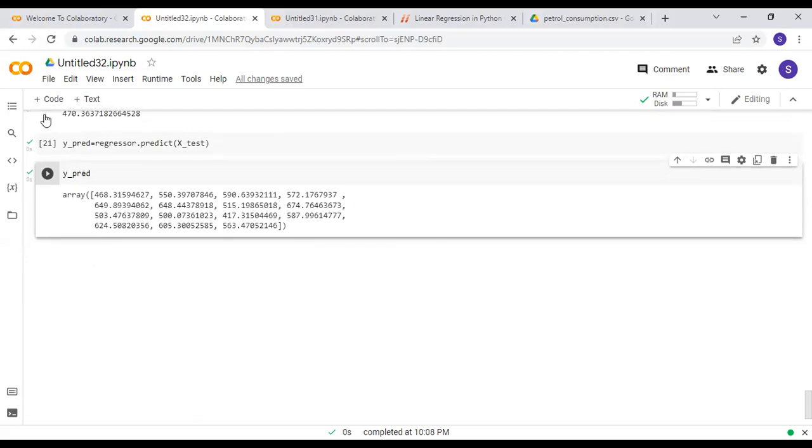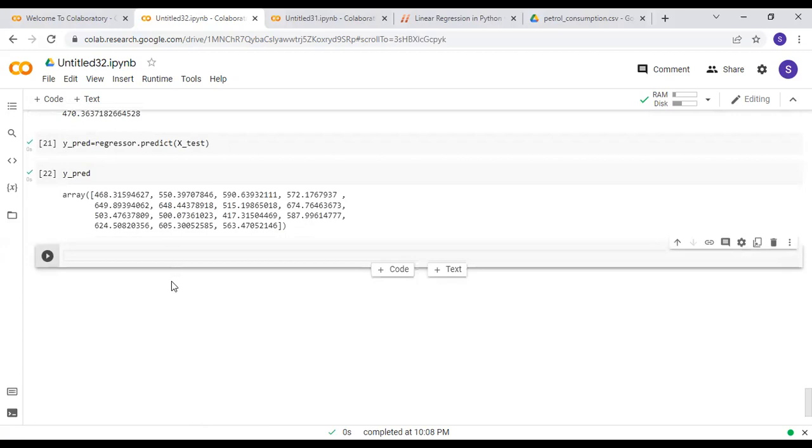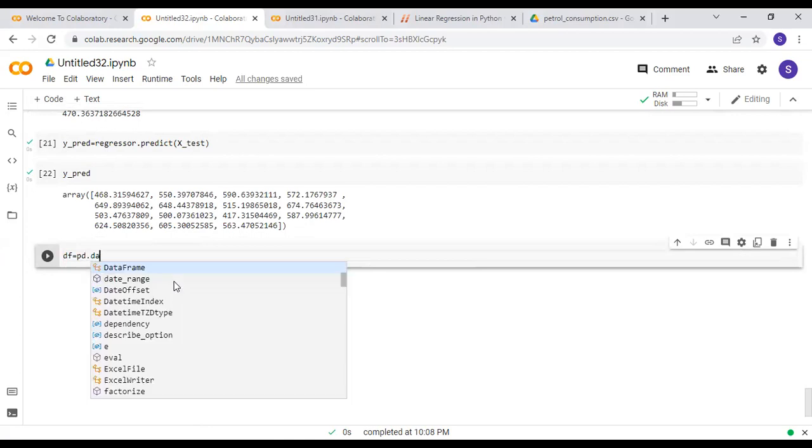So if I want to see the data frame, we will write df is equal to pd.DataFrame.